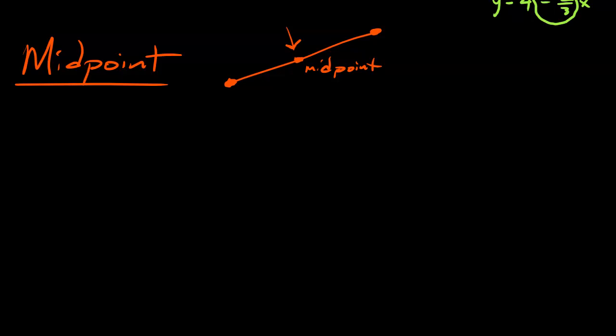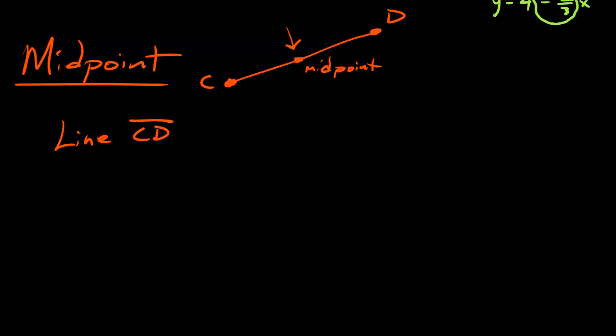Now we're going to focus on midpoints on a graph. So the example we're going to do is we have the line CD. In this instance, C would be one end, D would be the other. So this would be the line segment CD. This is the notation that they'll use a lot in geometry.